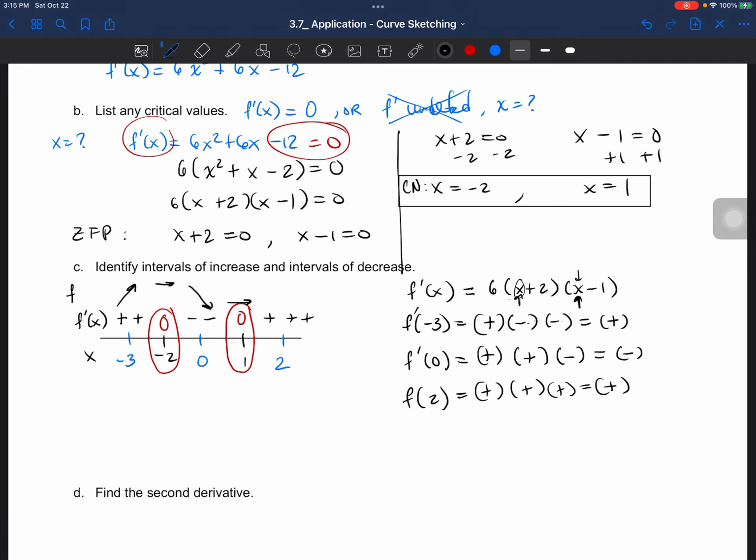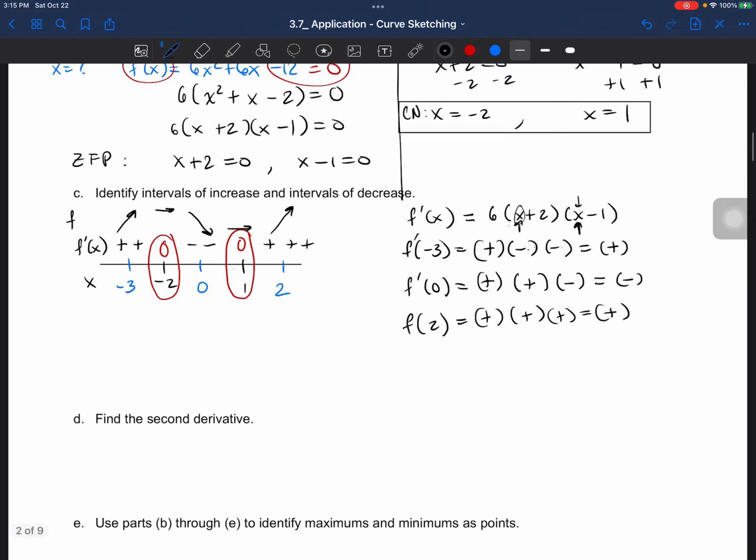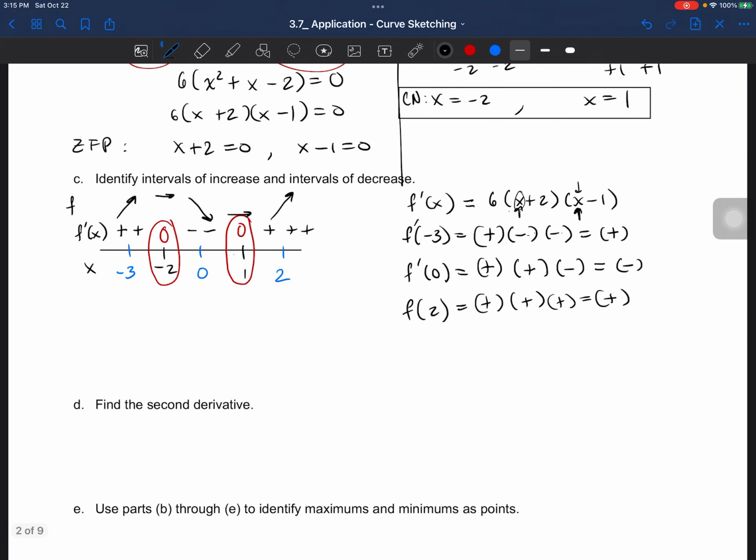So if we look at the actual function, the function is increasing, horizontal at this critical number, decreasing, horizontal, and then increasing, right? So if the question is to find the intervals for which the function is increasing or decreasing, we're going to say that it's increasing between negative infinity all the way to -2.